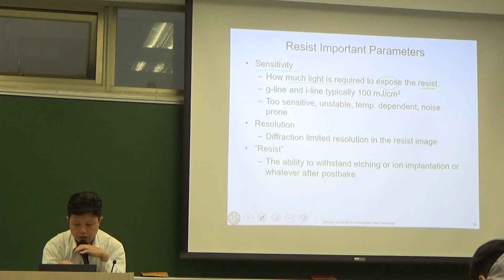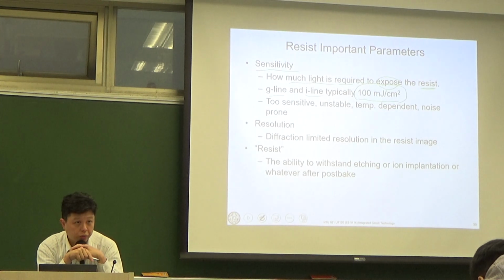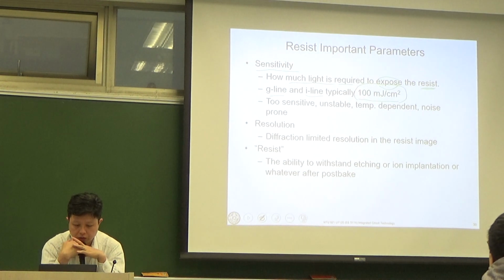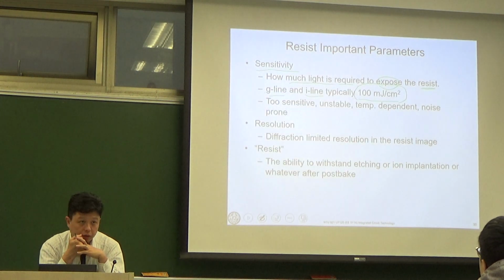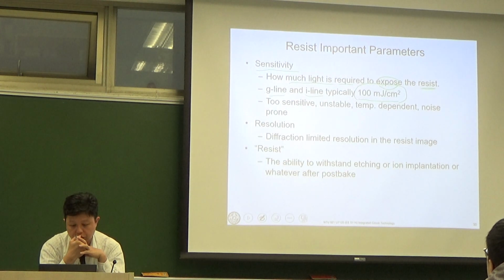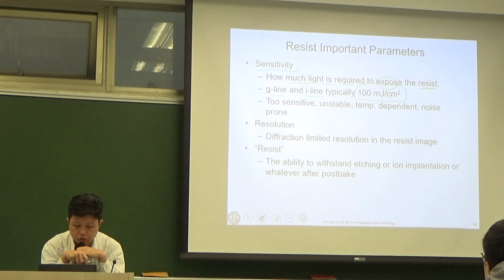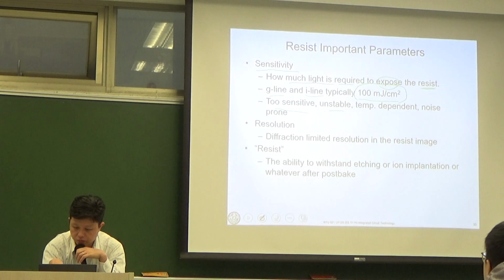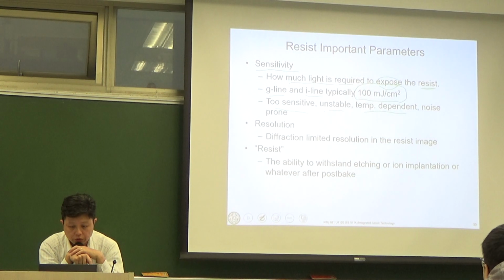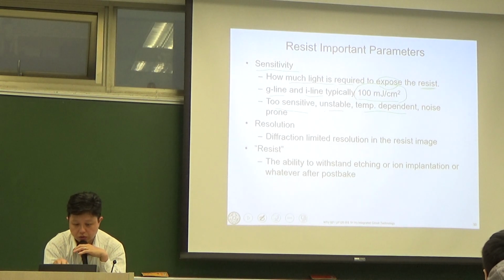Okay. And typically for the G line and I line, that's 100 millijoule per centimeter square. That's the minimum intensity required for the light in order to react with your photoresist. But sometimes if it's too sensitive, it becomes very unstable, and it's also temperature dependent. So this kind of photoresist is very sensitive to UV light.